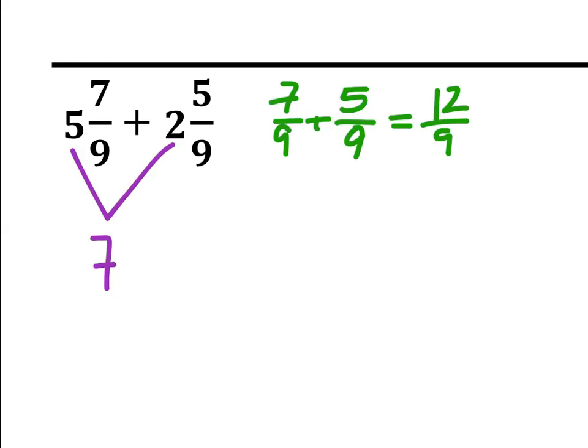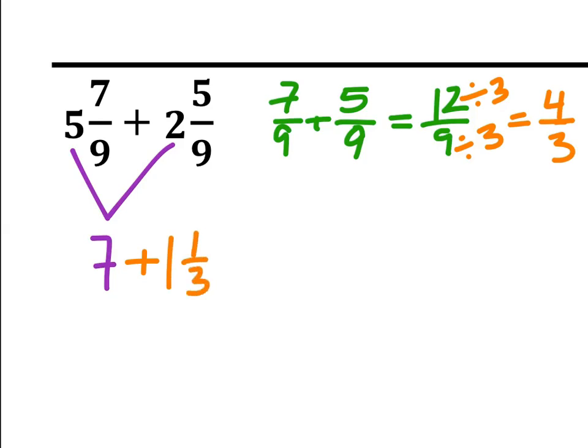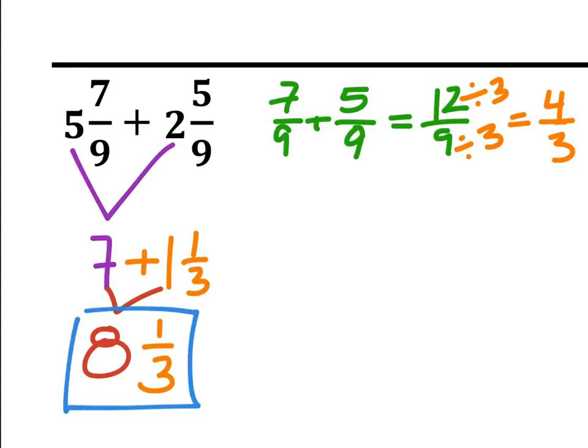This is simplifiable by 3 on this one, so I'm going to divide both of these by 3, which would give me 4/3. Now this one's pretty easy to change into a mixed number. That would be the same as 1 and 1/3. So my final mixed number is going to have the third, but I'd have the 7 plus the 1, which is 8. So my final answer here is 8 and 1/3.